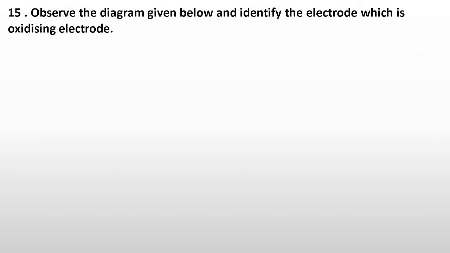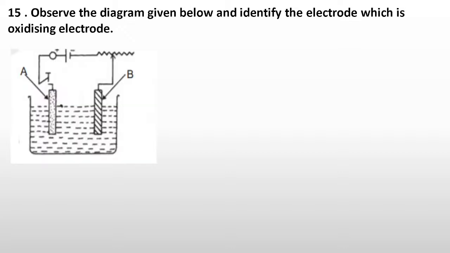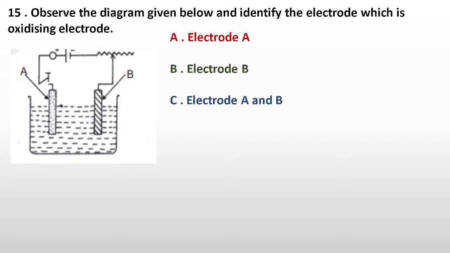Question number 15. Observe the diagram given below and identify the electrode which is oxidizing electrode. So this is the diagram. You have to identify the electrode which is oxidizing electrode. A, is it electrode A? B, is it electrode B? C, is it electrode A and B? D, is it none of these?